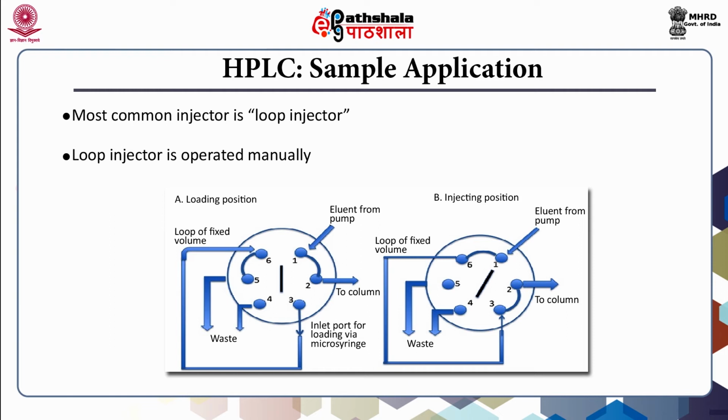So, the mobile phase is now passing through the loop to the column. That means it is taking the entire sample we injected at the loop, and that entire sample is transported to the column. That is the principle of the loop injector used in HPLC.